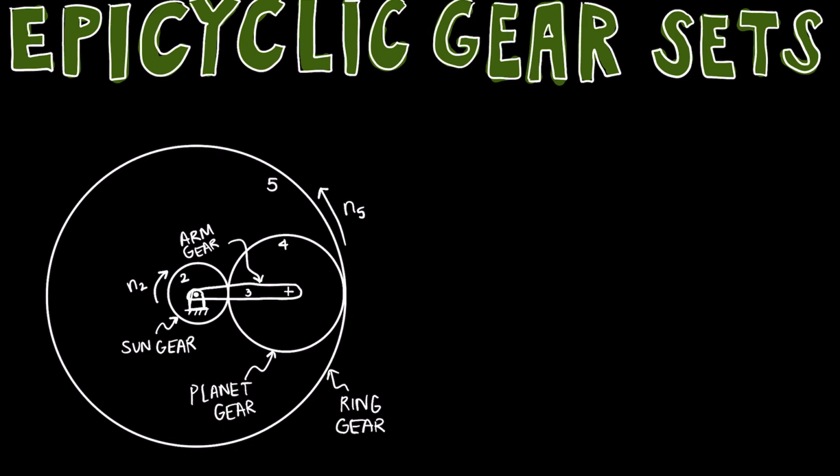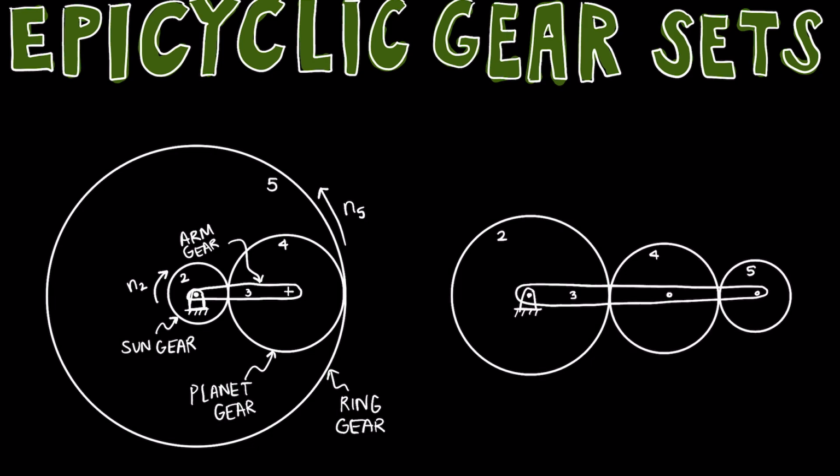And with those 2 inputs defined, then we are going to be able to find the output, which is in this case going to be the motion of the arm gear. So this is just one example. There are many different types of orientations you might see of these epicyclic gear sets. So let's look at another example, one that is a little bit more similar to things that we've seen before.